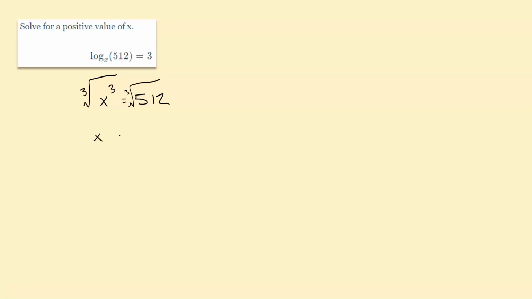So that'll be x here, and then the cube root of 512, which is the same thing as 512 to the 1/3 power. So you can plug that into your calculator. 512 raised to the 1 divided by 3 power, and you should get 8 for that one.